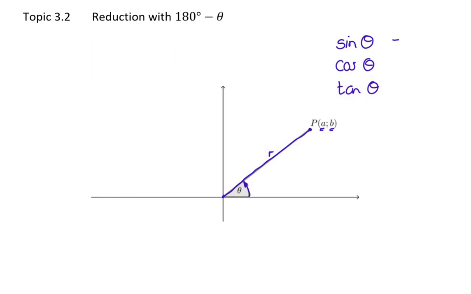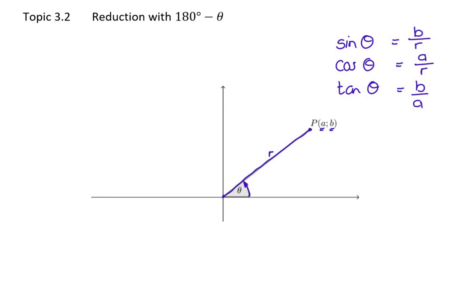What is sine of theta? Sine of theta would be y, which is b, over r. Cos would be x, which is a, over r. And tan would be y, which is b, over x, which is a. So those are all the trig ratios related to theta in terms of a, b, and r.